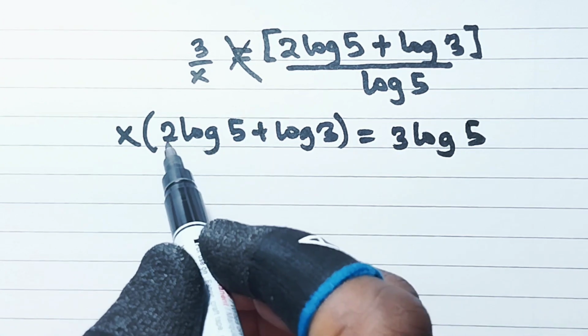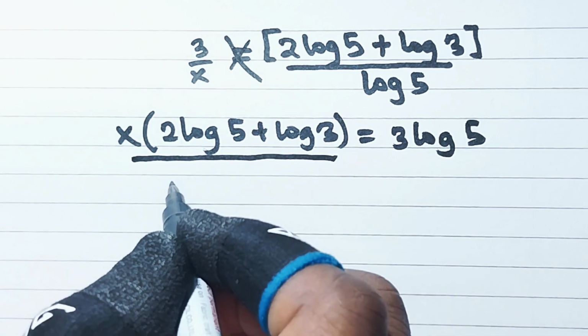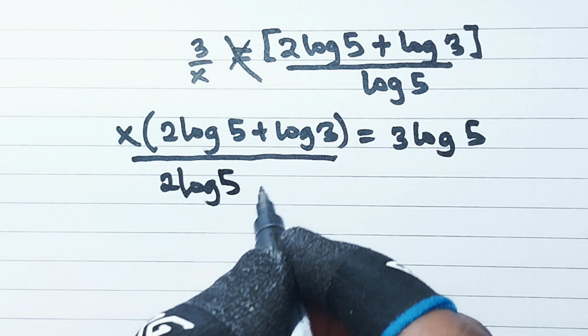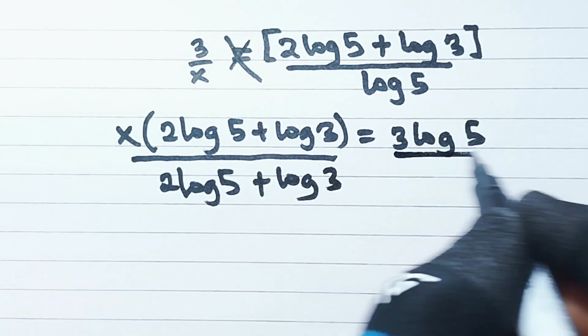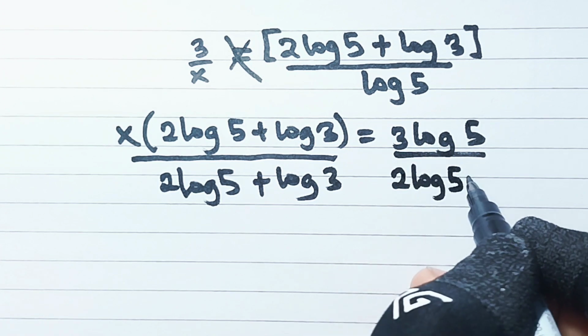So we can then divide both sides by 2 log 5 plus log 3.